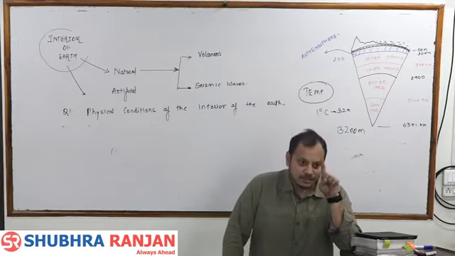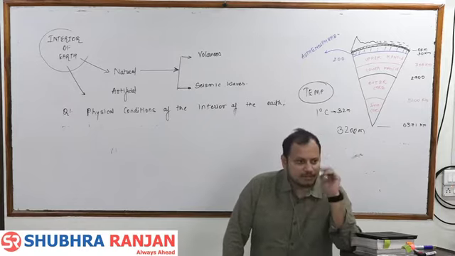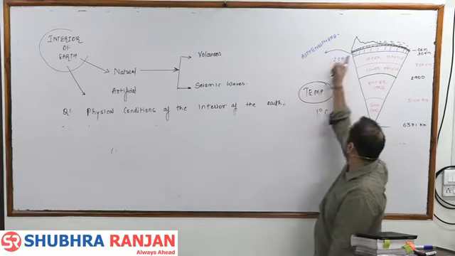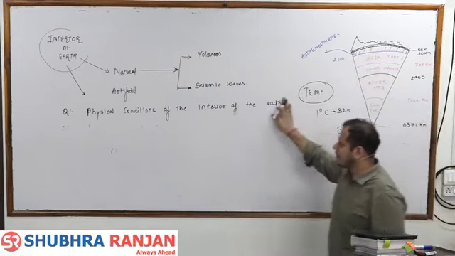That means the temperature increases at a rate higher than 1 degree. Fine. Then why do we make such a generalization? The answer is, why is this semi-solid in nature?